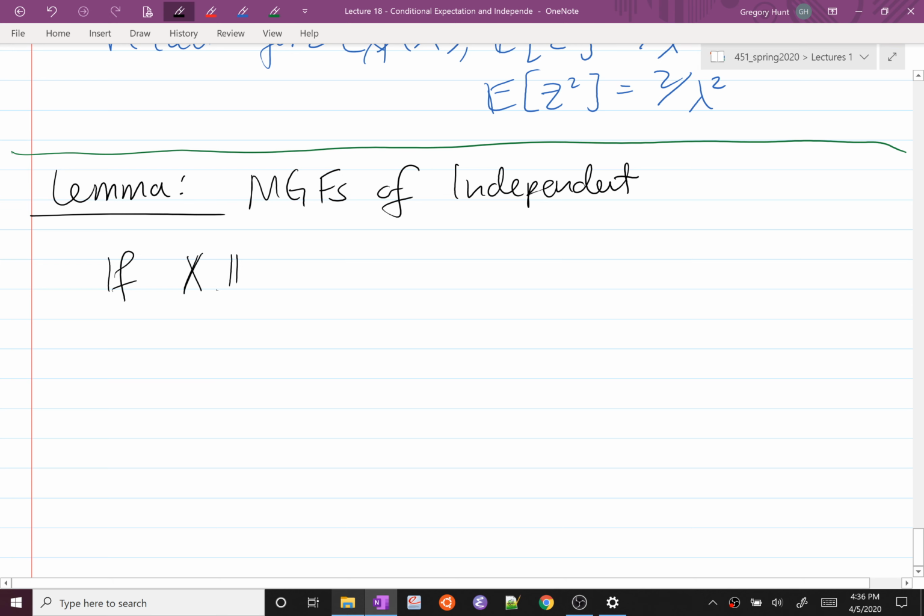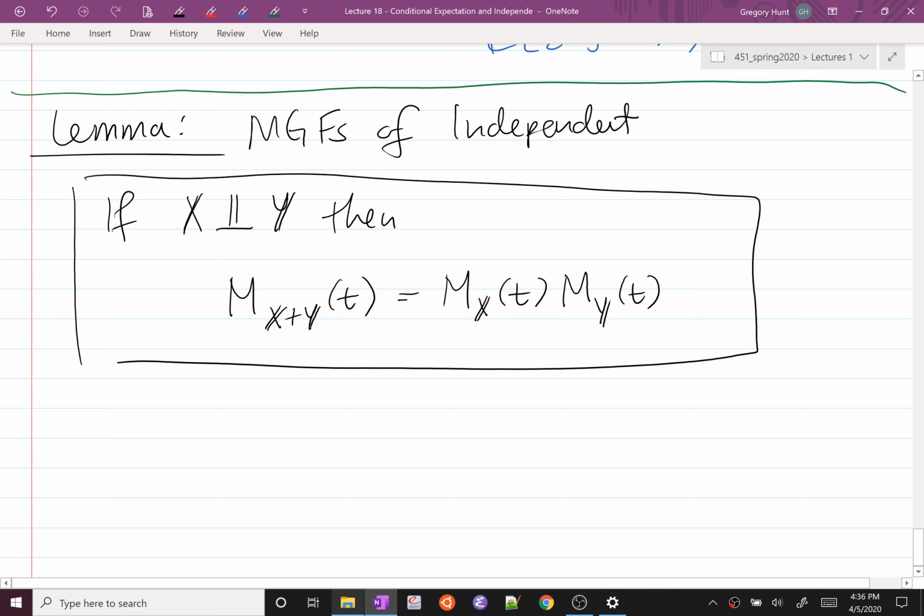The lemma says that if x is independent of y, then the MGF of x plus y at some value t, where t is just a number, is the product of the MGF of x at t times the MGF of y at t. And this follows directly from the factorization theorem for expected values.